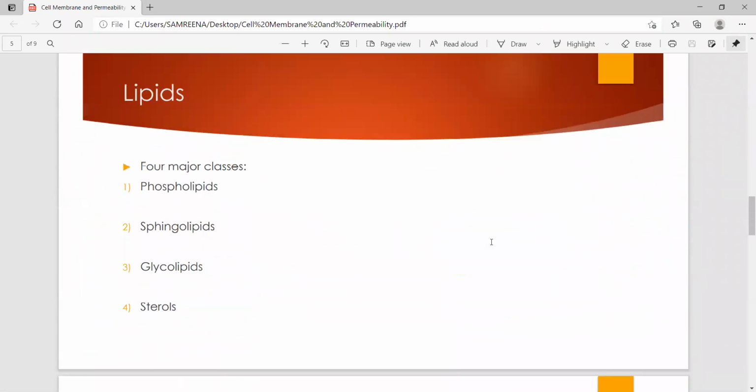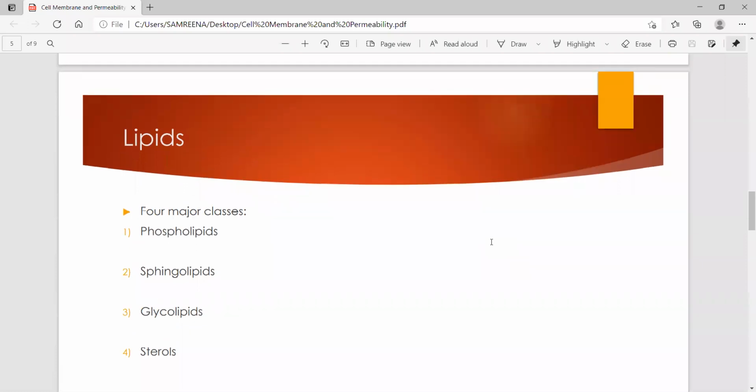Now we will be talking about the first class of our components, which is our lipids. These are fatty acid molecules. These fatty acid molecules are classified into 4 categories. जो हमारे lipids हैं plasma membrane में, these have 4 major classes: phospholipids, sphingolipids, glycolipids, and sterols.